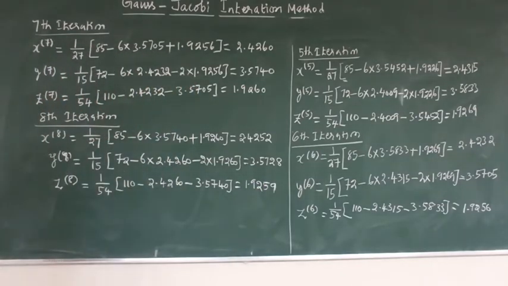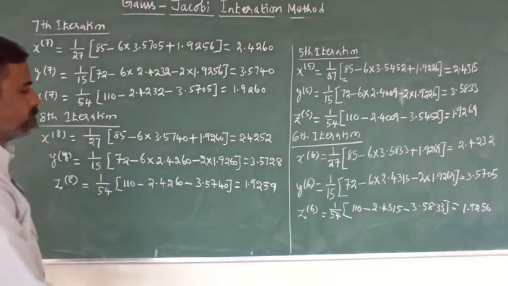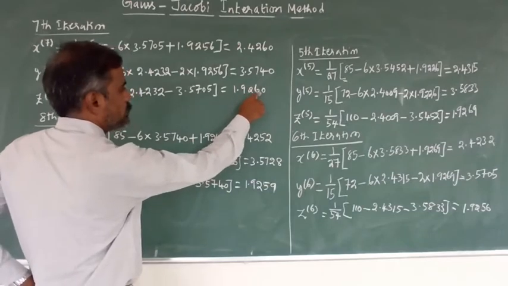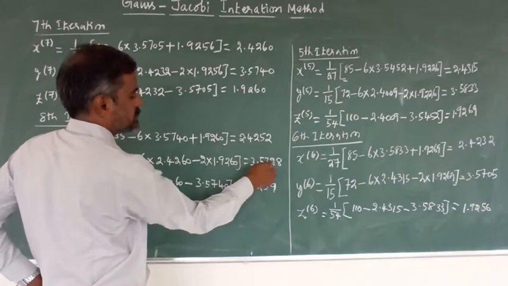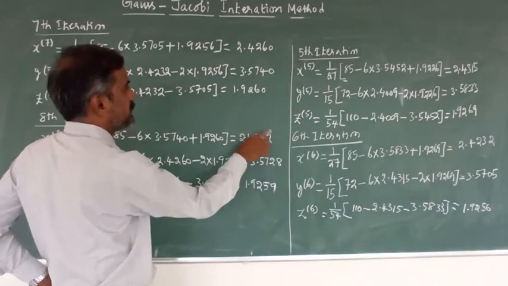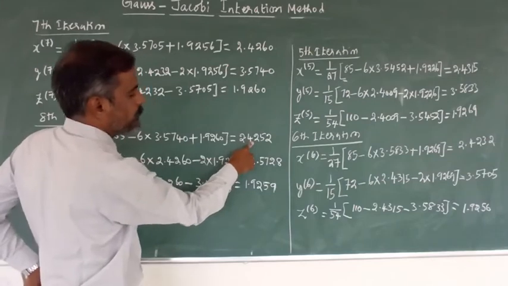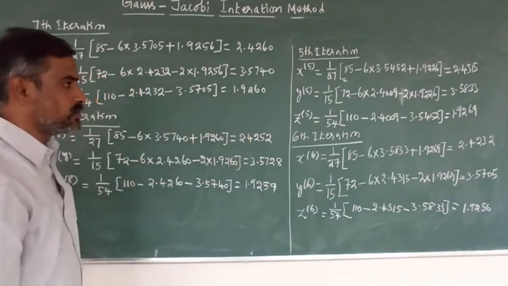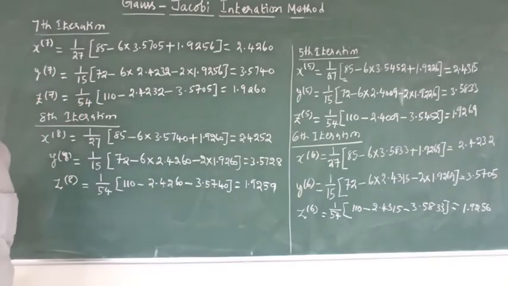Now to compare the seventh iteration with the eighth: here 1.9259 and 1.9260, this is for 3.5728 and 3.5728, and 2.4260 and 2.4252. Both are not the same, so we can continue the next iteration.